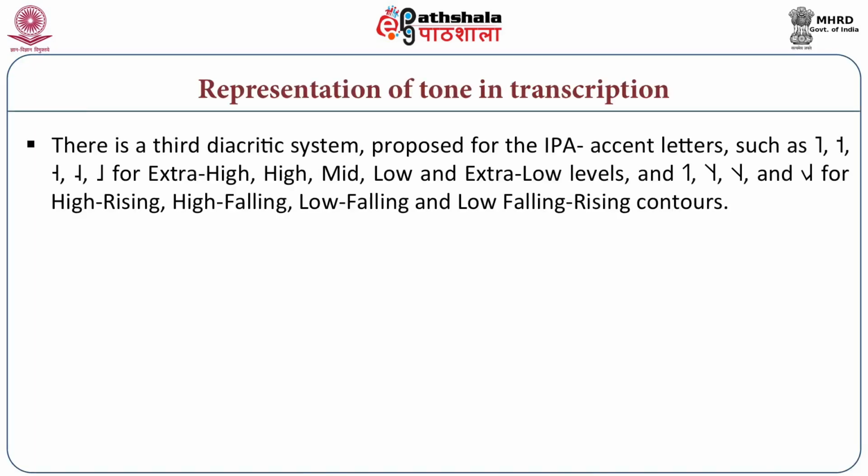You will notice them on the screen. We have a letter accent for extra high, for high, mid, low, and extra low levels. And we also have the systems for contour tones, as you notice, for high rising, high falling, low falling, and low falling rising contours.